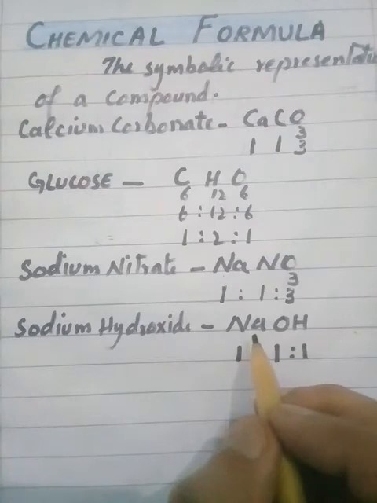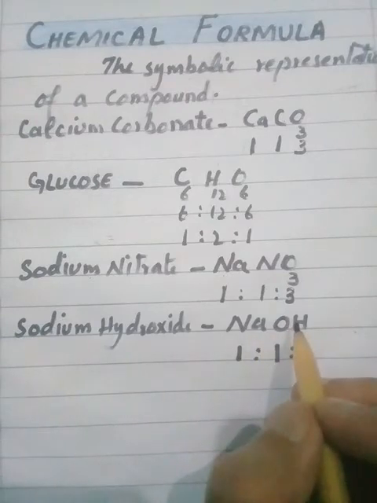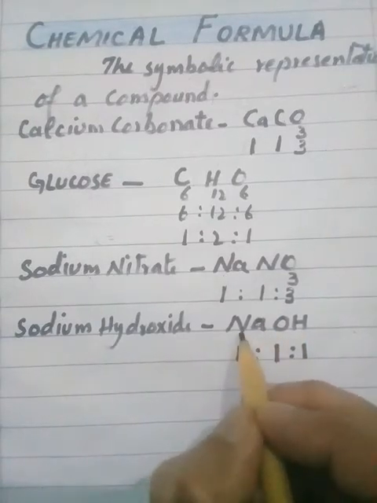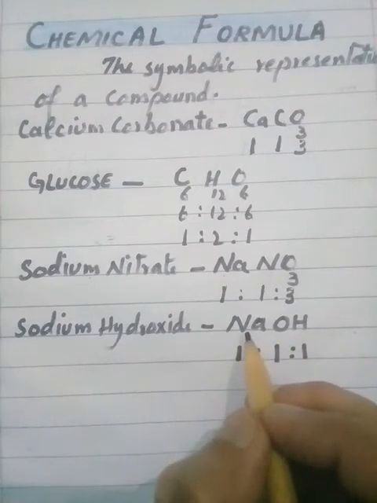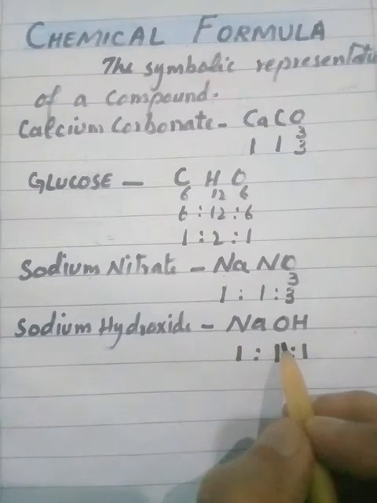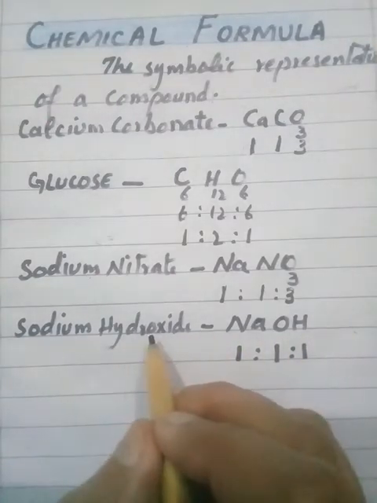How many types of elements are present? 3 types of elements are present: sodium, oxygen and hydrogen. One atom of sodium, one atom of oxygen and one atom of hydrogen is present in sodium hydroxide.